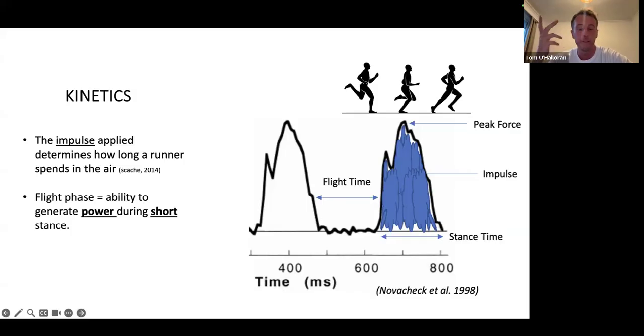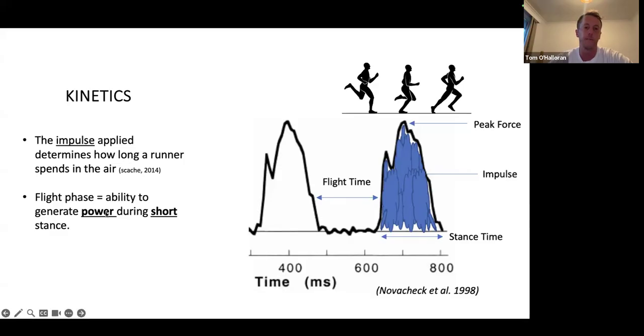We need that high rate of force development. I want to have a little bit of understanding of someone's single leg power. If we're rehabbing someone back to running, we need to be improving their single leg power so that they can effectively apply force into the ground during a short stance time to gain some flight time, to take a long enough stride without compensating.